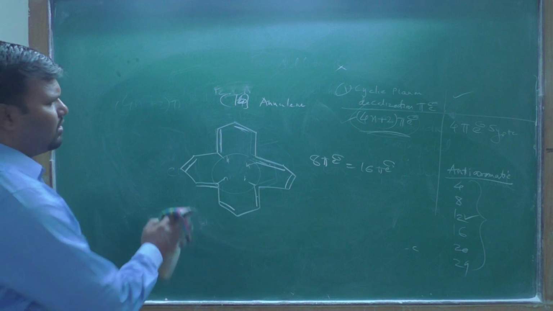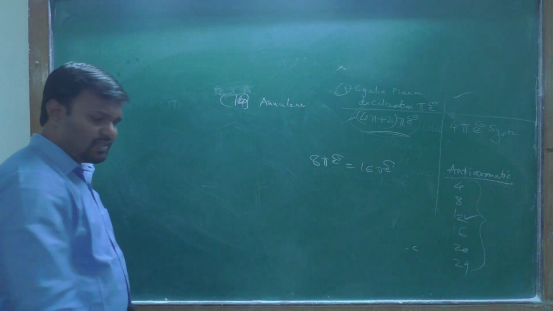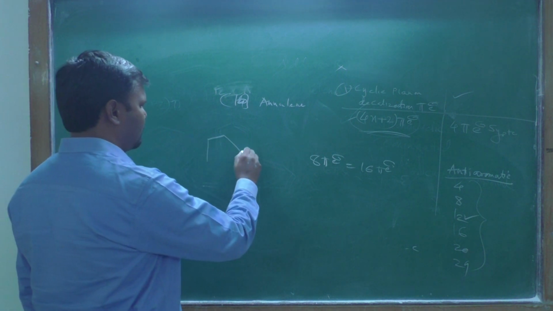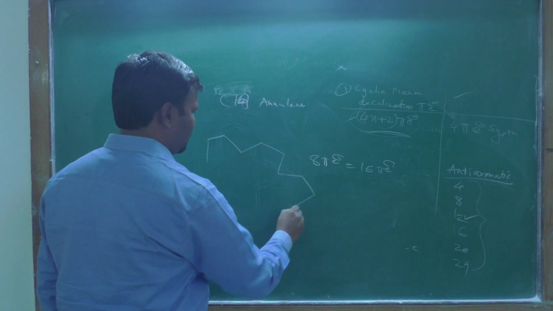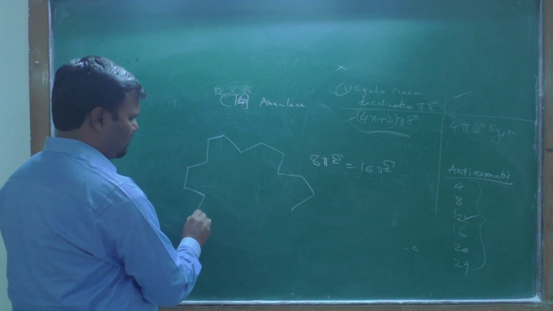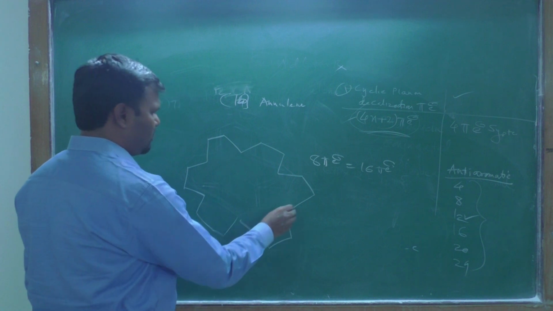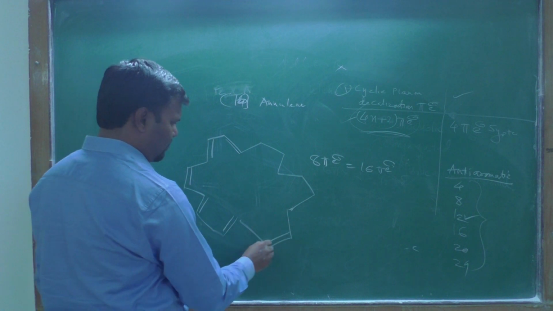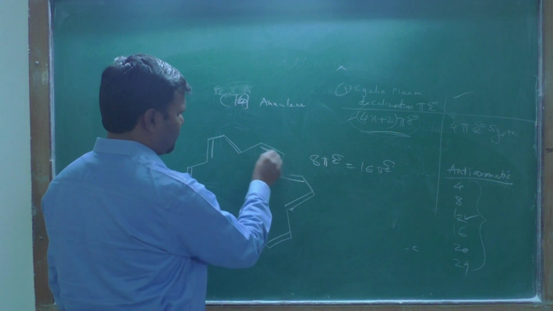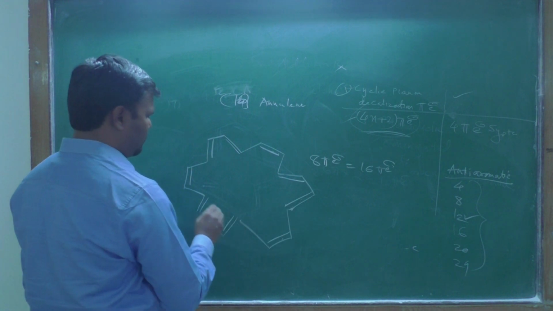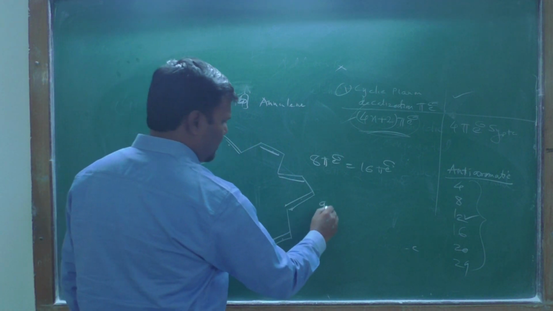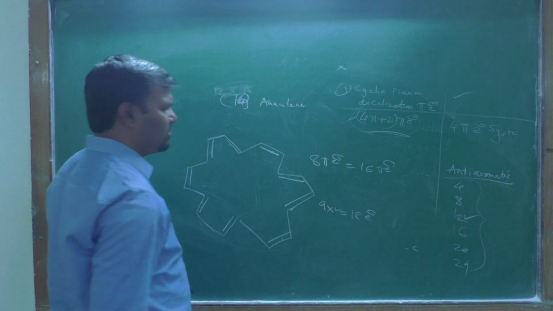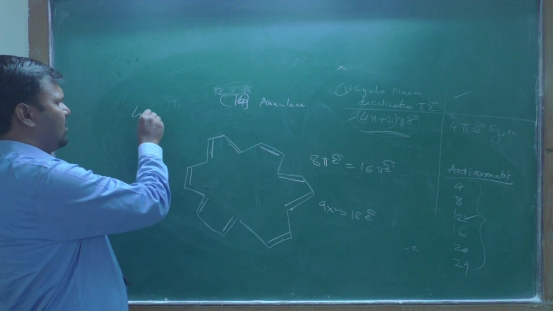Okay, next is the 18 annulene system. You can show it like that. 1, 2, 3, 4, 5, 6, 7, 8, 9. 9 into 2, that is 18 pi electrons. This 18 electron system comes under 4n plus 2.